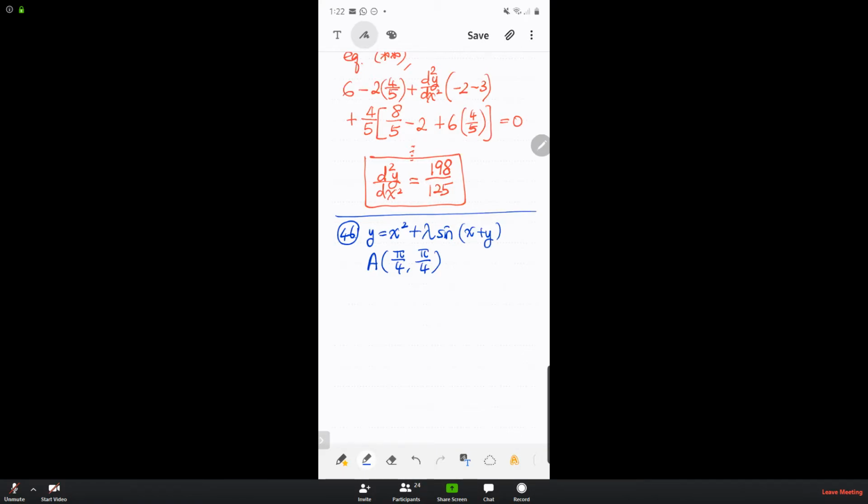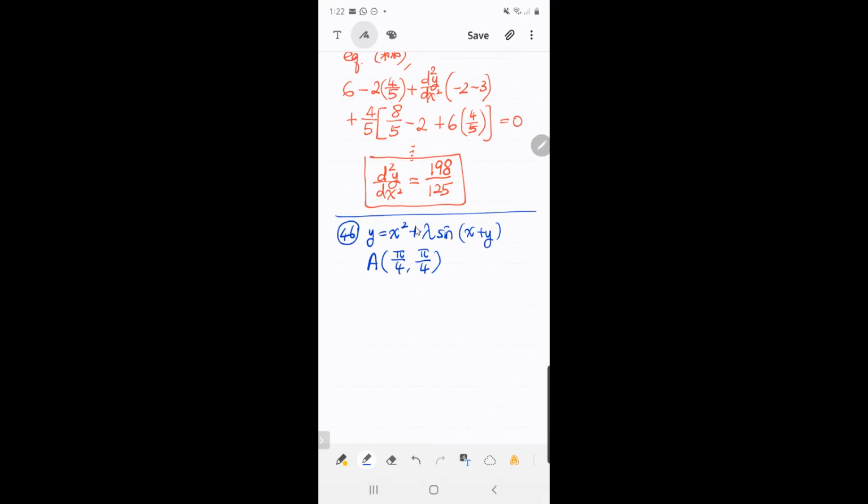Show that C has no tangent which is parallel to the y-axis. So if they say tangent parallel to the y-axis, what does that mean? This implies that your dy dx should be infinity. So if your dy dx is infinity, that means the denominator must be equal to 0.